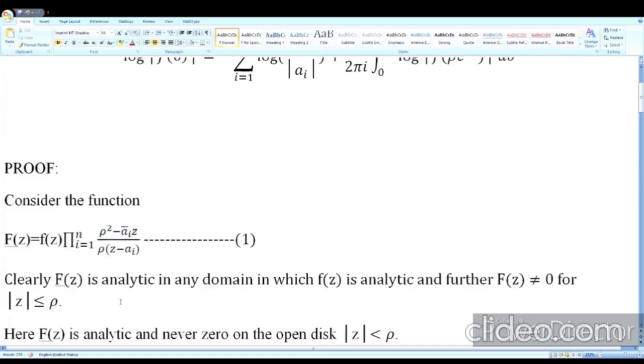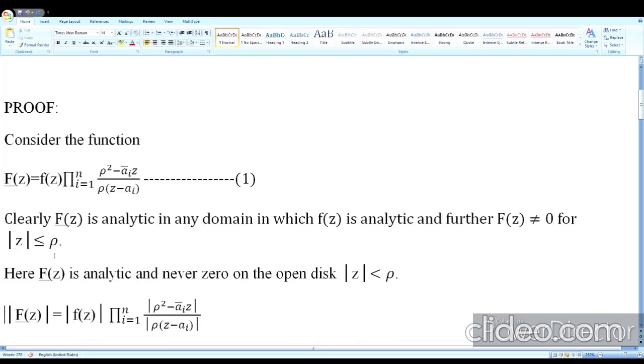Let us prove. Now consider the function capital F(z) = f(z) ∏ (i from 1 to n) (ρ² − āi z)/(ρ(z − ai)). Clearly this is analytic because small f(z) is given as analytic and this rational factor, this product, is analytic.